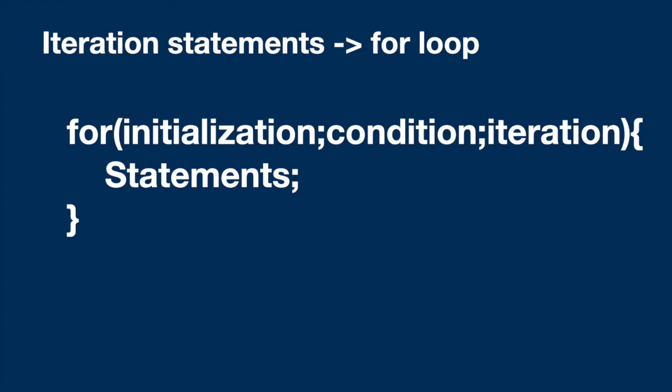The initialization is a variable which controls the iteration in the for statement, and the condition is an expression to identify the end of a for loop.